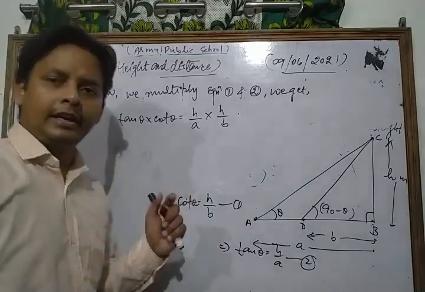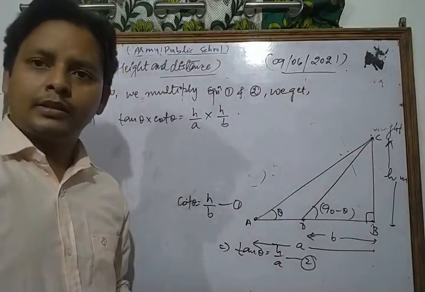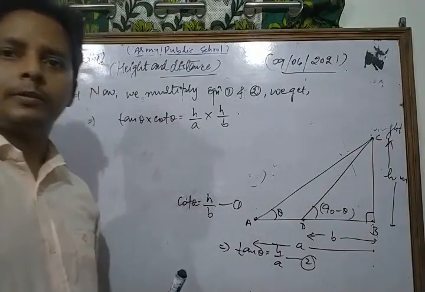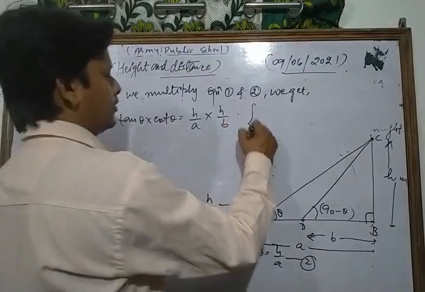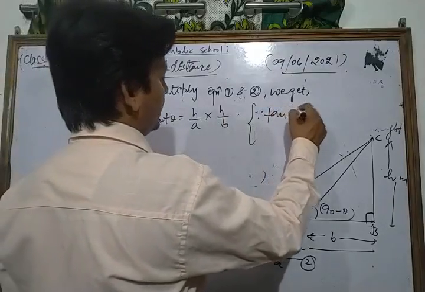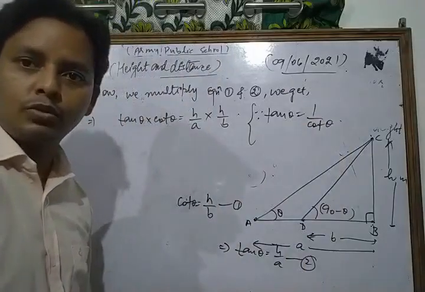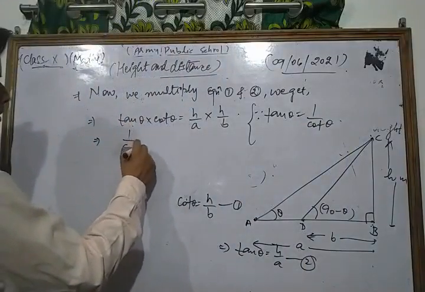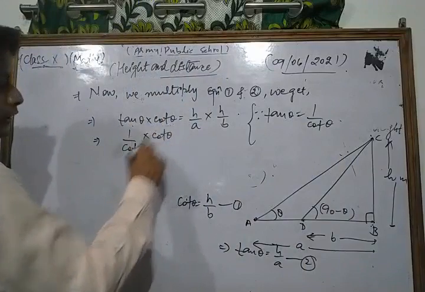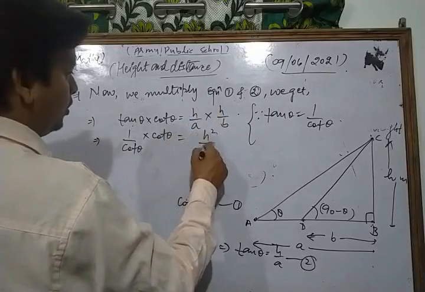And you know that tan theta is equal to 1 upon cot theta. So we write 1 upon cot theta into cot theta, and on the right side as it is, this is H square upon AB.